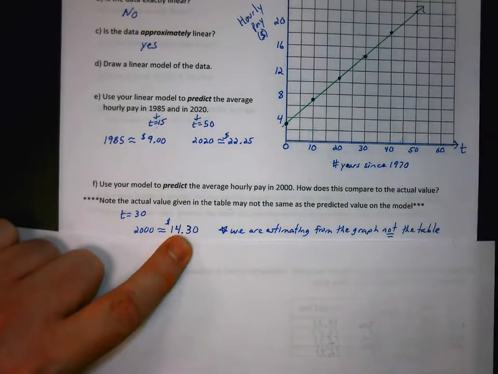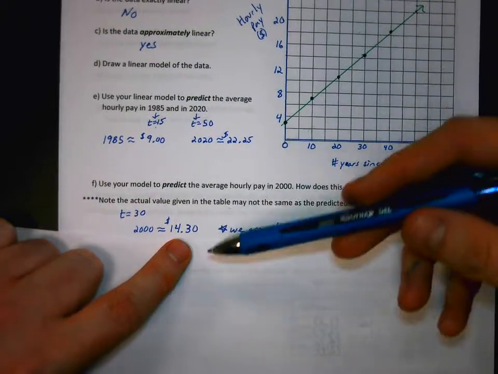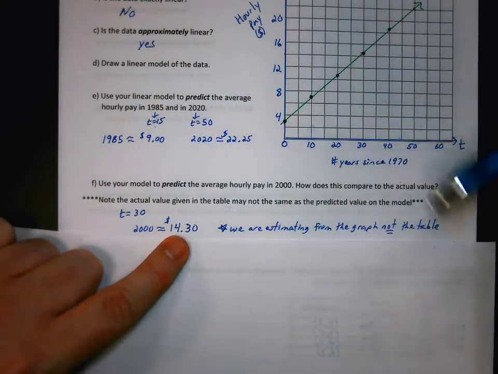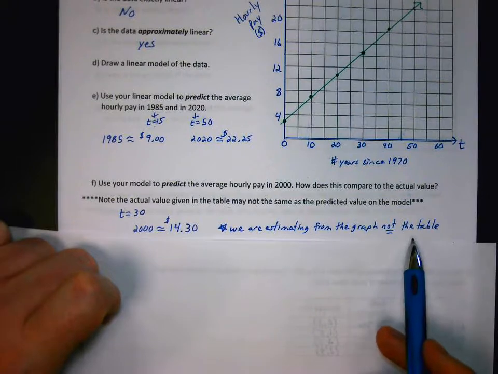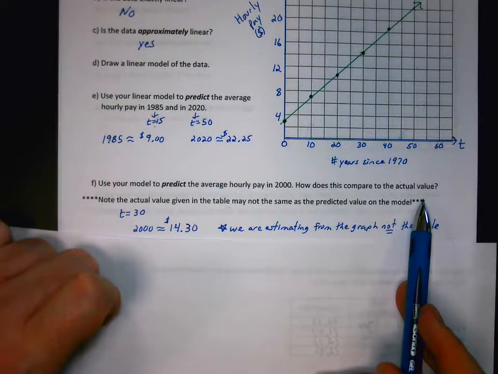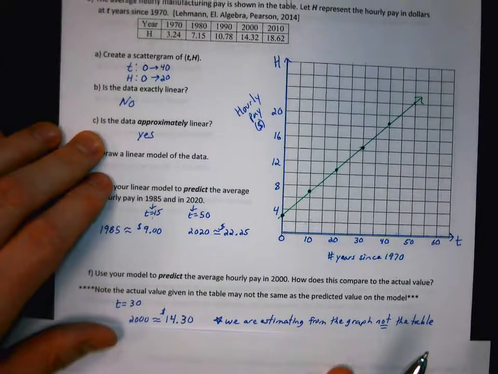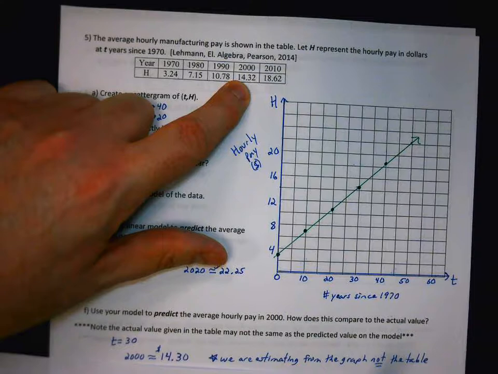And again, there's going to be some variability as far as what you could answer. Anything between like $14.10 to maybe $14.50 will be a pretty acceptable answer. And again, it's essential to understand we're estimating from the graph, we're not using the table. Now, how does that compare to the actual value? The actual value we know in the year 2000 was $14.32.